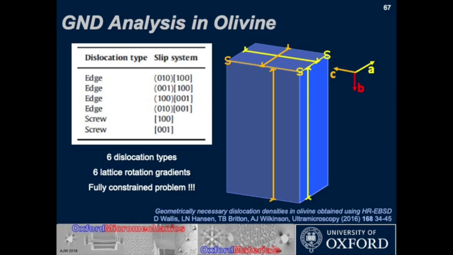Again, the cell for olivine is a much lower symmetry thing than we're used to in the metals. Stephen said that was a complicated problem. Actually, for this analysis, it's a real delight, because it means there are fewer dislocation types that I have to worry about.